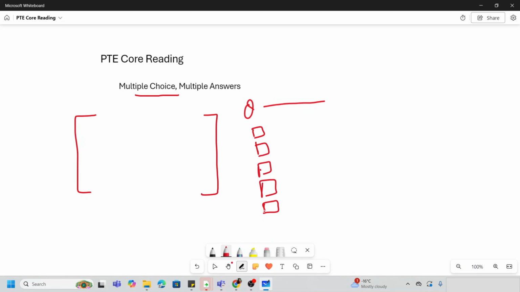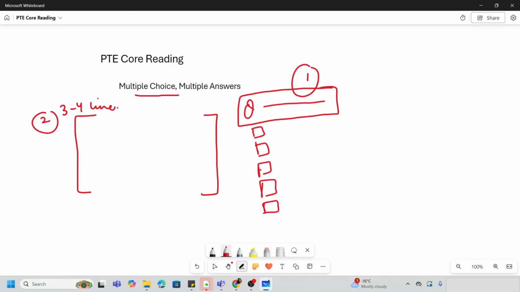Okay. In order to attempt this, first it's your job to read the question, not read aloud, but read the question first. So, first step is that. The second step is to read 3 or 4 lines from the paragraph.